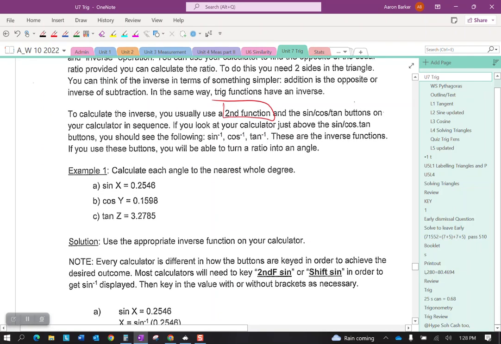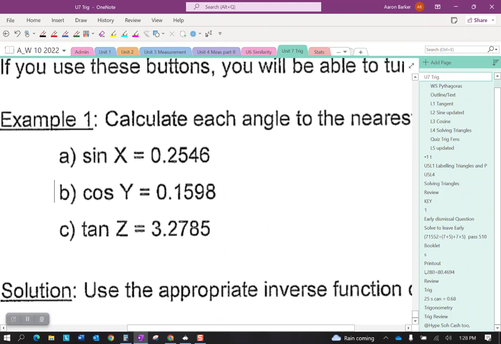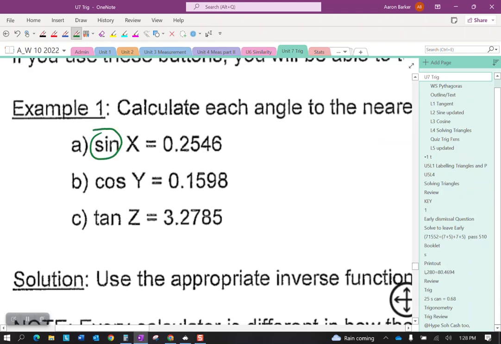So what we have to do is use the second function key on your calculator. When we have sine x equals the decimal, we've seen that lots. What we're going to do is find x by itself. In order to find x by itself, you've got to get rid of sine and do the opposite when you move it across the equal sign.